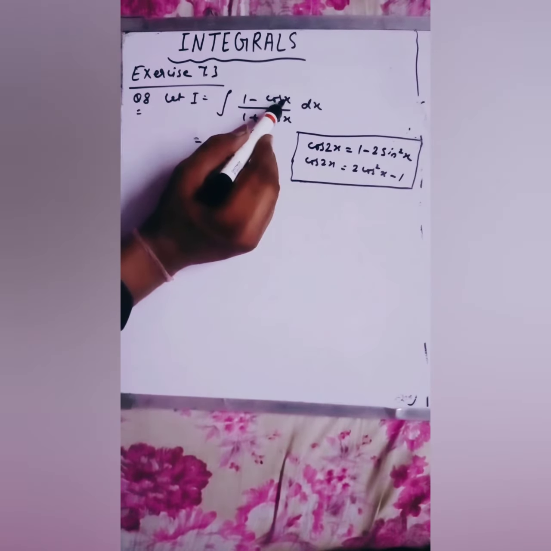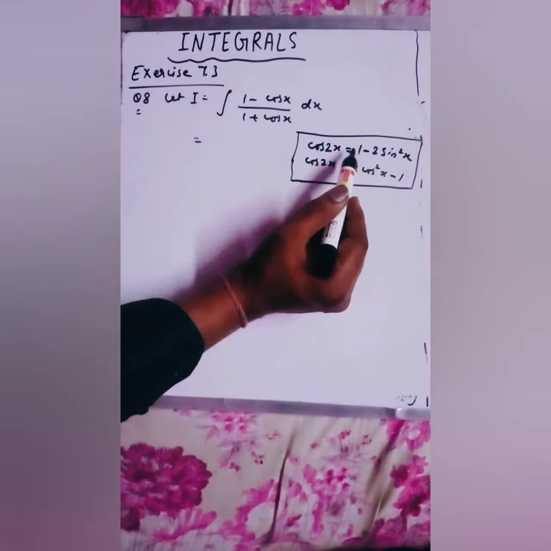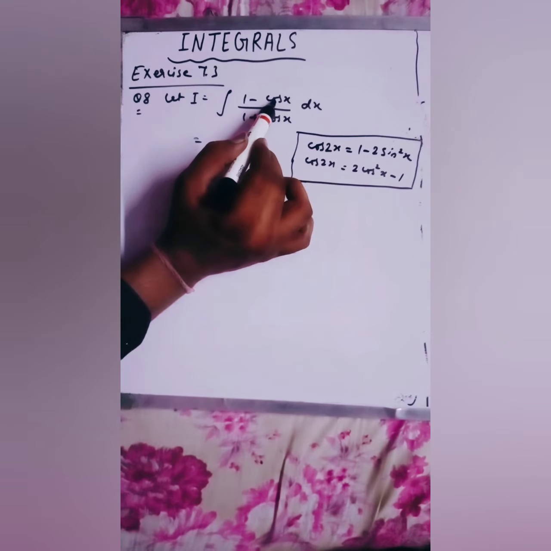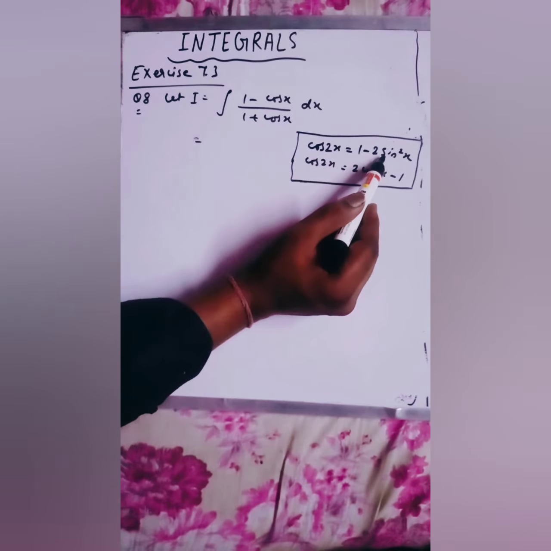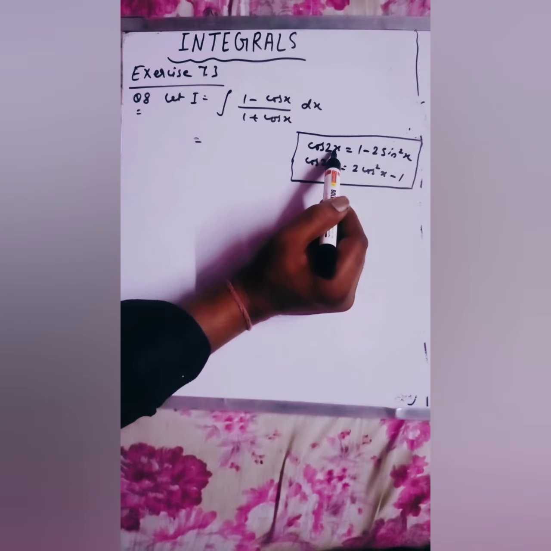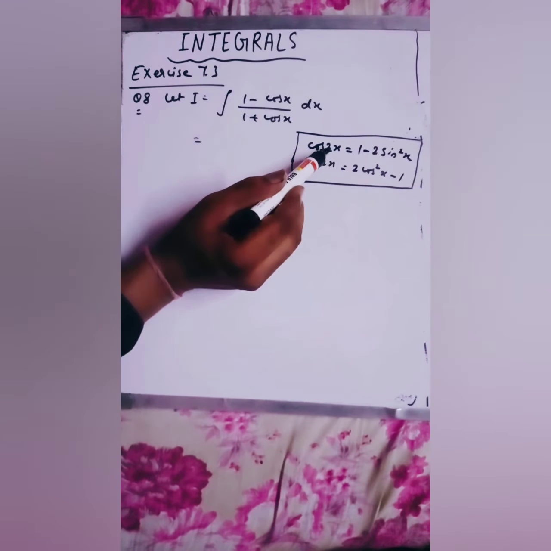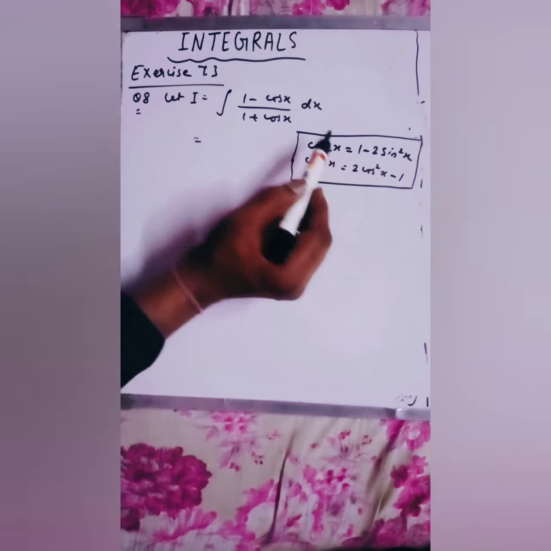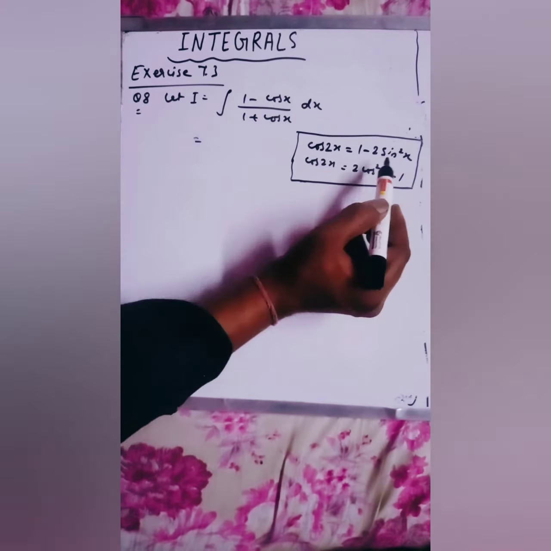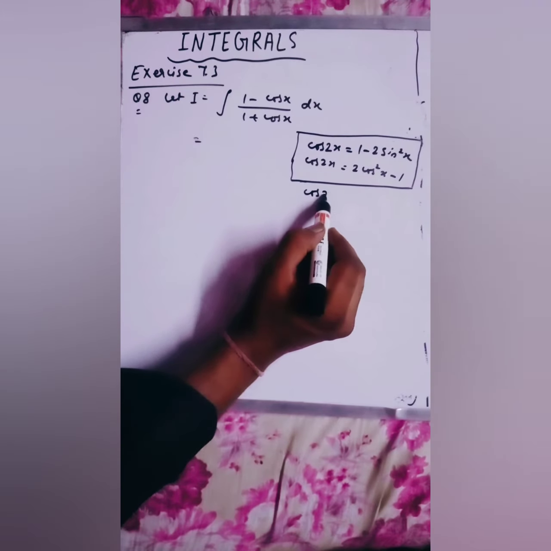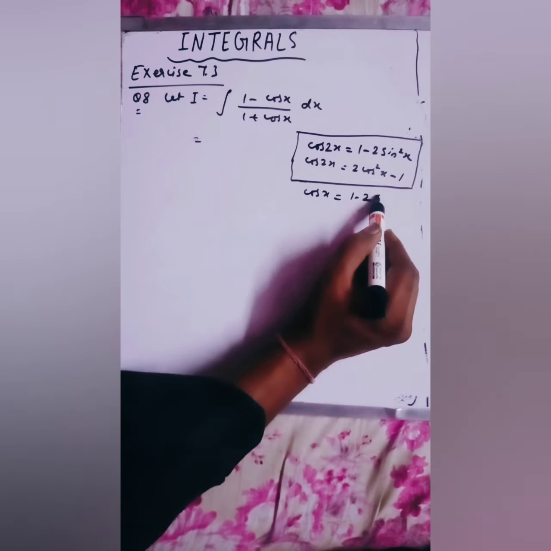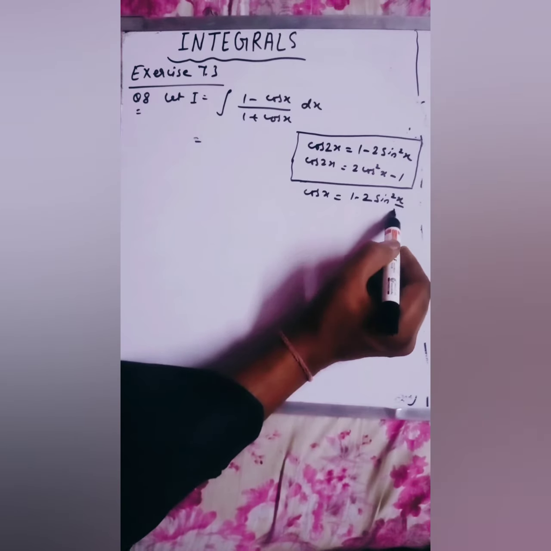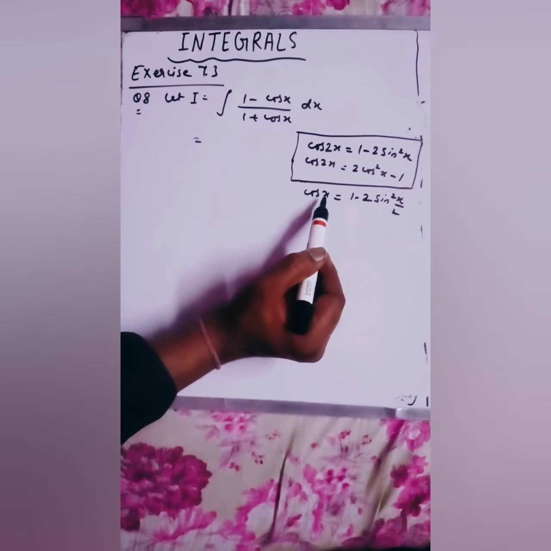So here it is cos x only. In the numerator part, in place of cos x, you have to use this formula. Here cos 2x is coming, but here it is x only, so you have to halve this angle. Because we have to find the value of cos x, your formula would be cos x is equal to 1 minus 2 sin square x by 2.